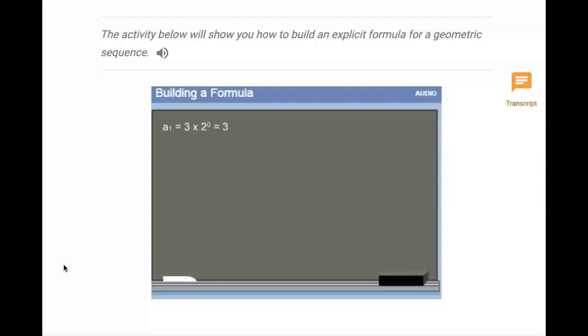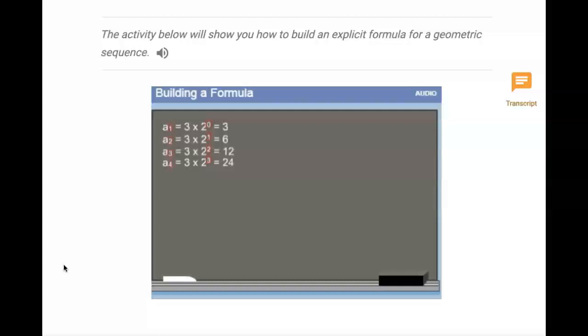To get the second term, start with 3 and multiply by 2 one time, or 2 to the first power. To get the third term, start with 3 and multiply by 2 twice, or 2 to the second power. To get the fourth term, start with 3 and multiply by 2 3 times, or 2 to the third power. Notice that each of these numbers is 1 less than each of these numbers.